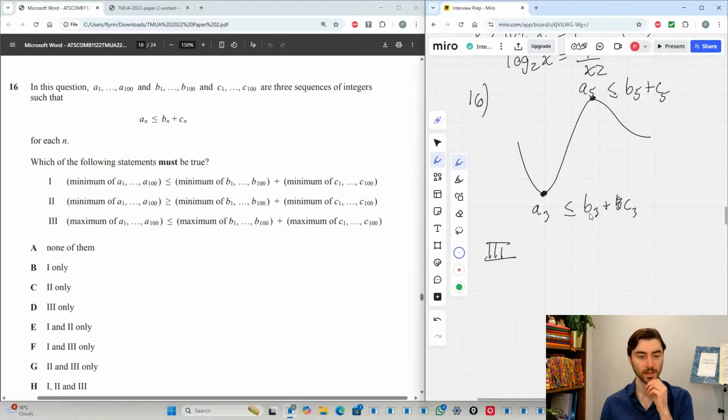Then A3 is less than that, so 2 can't be true. So definitely not 2. Does 1 have to be true? Does that have to be less than the minimum? Can it ever be bigger than the minimum plus the minimum?